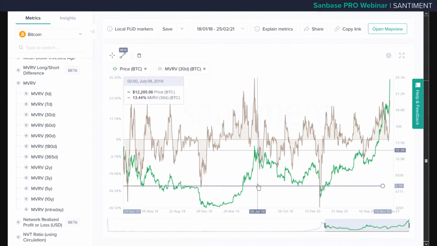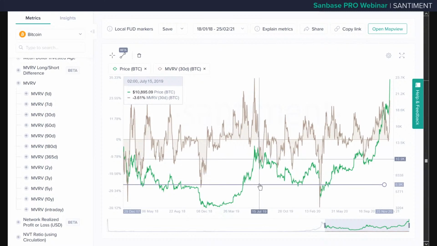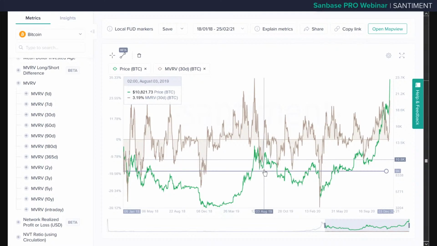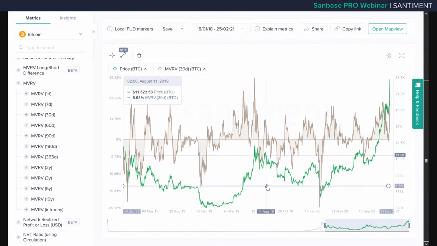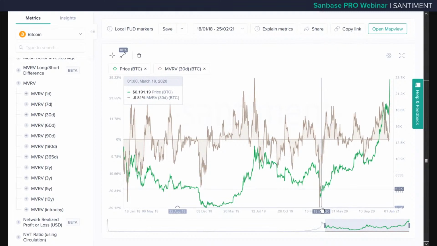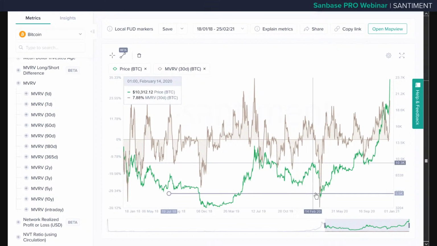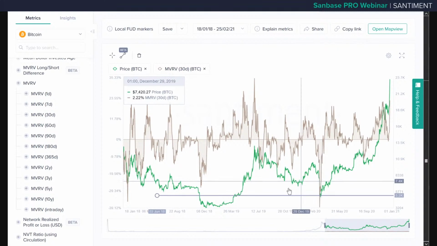And then on the other hand, when you look at short dips in MVRV, or historical dips, you want to analyze previous lows. Now, you will see this massive drop in Bitcoin's MVRV during the Black Thursday crash. So I tend to ignore that one because it's such an outlier.